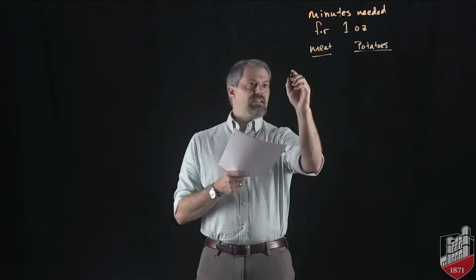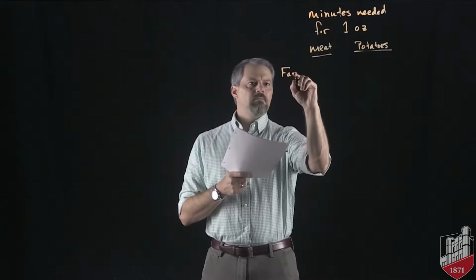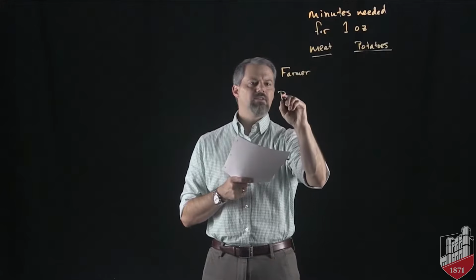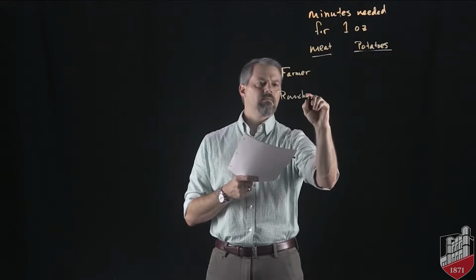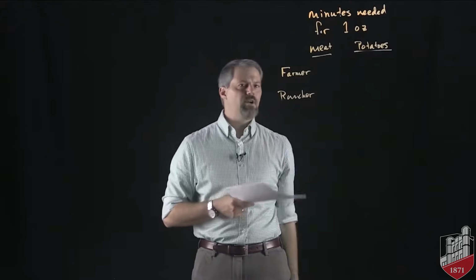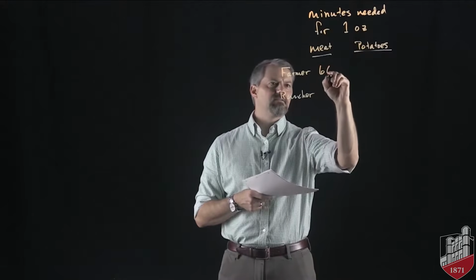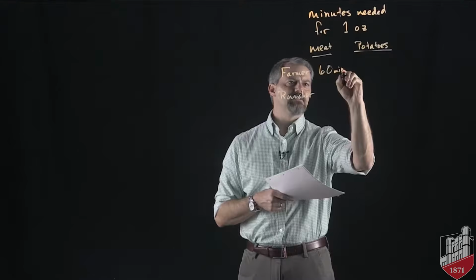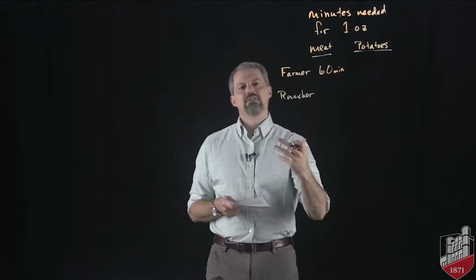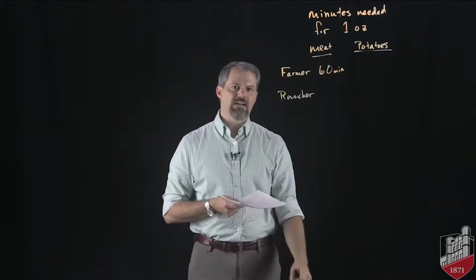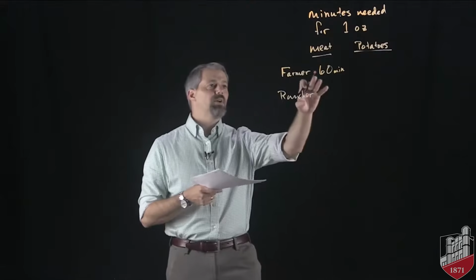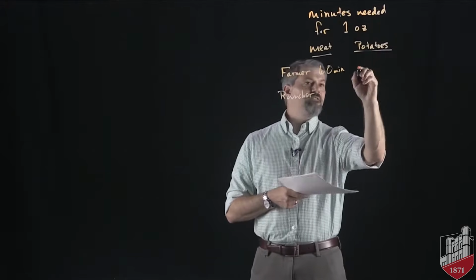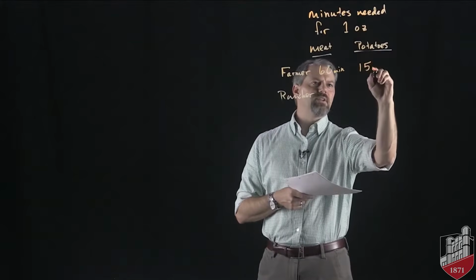Let's start by thinking about our farmer. Then we'll do the rancher. Let's suppose that the farmer needs 60 minutes to produce an ounce of meat. So it takes the farmer a full hour to produce an ounce of meat. Let's suppose it takes the farmer 15 minutes to produce an ounce of potatoes.